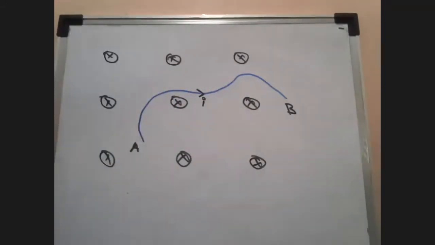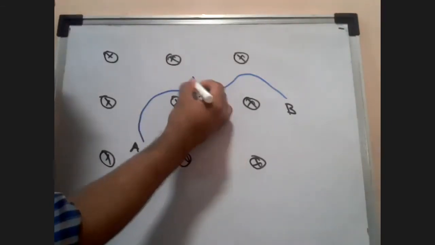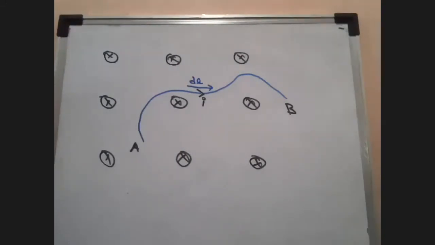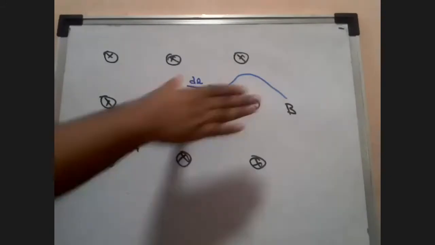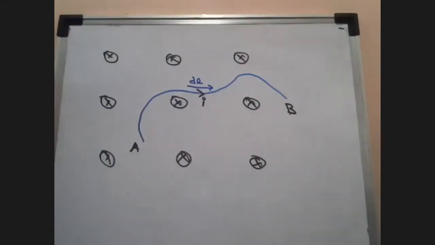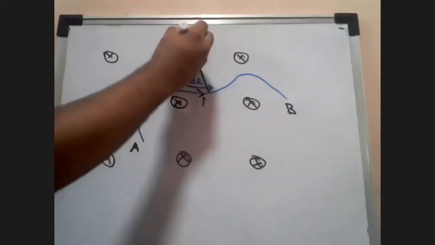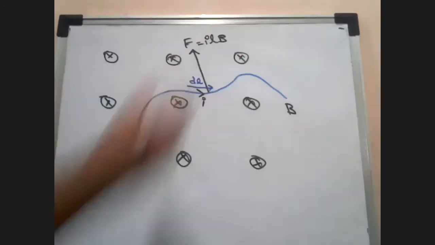The first thing is, I told you, you have to take a length vector dL. But this time you will take a length vector which is only a small proportion of it, dL. In that case, force dL cross B comes upwards. The force comes upwards, somewhat like this. F is equal to ILB.